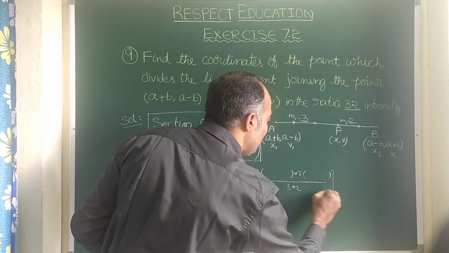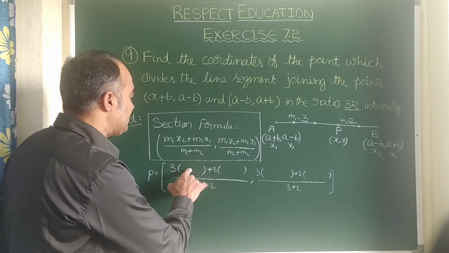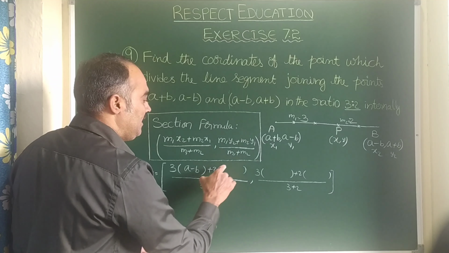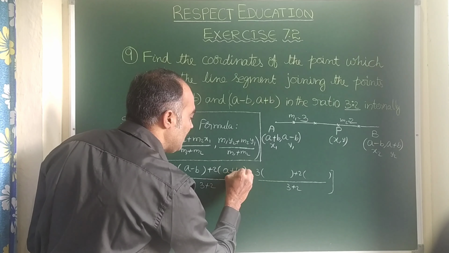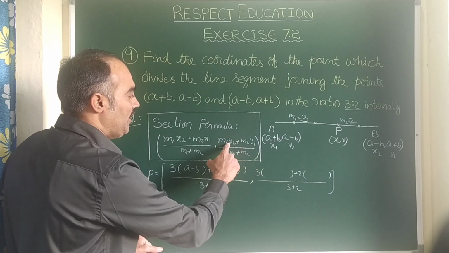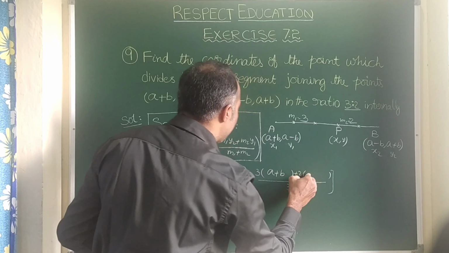Now we are going to fill in the somethings. Here this refers to x2, and x2 is a minus b. Here this refers to x1, and x1 is a plus b. Clear? Here this place is for y2, and y2 is a plus b. This is for y1, and y1 is a minus b.